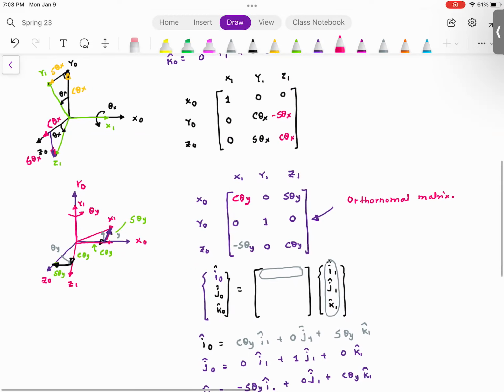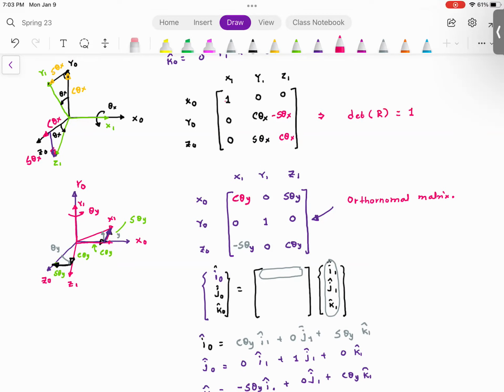It is very easy to find the determinant here: cosine squared theta minus of minus sine squared theta, which means the determinant of this rotation matrix is equal to 1.